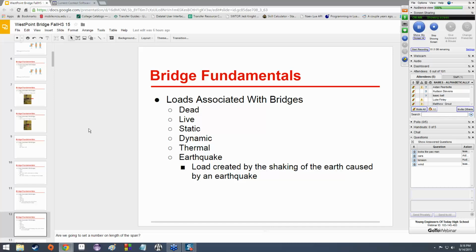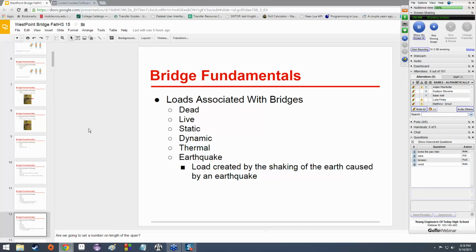Because we'll actually look at this a little bit later, bridges, like all materials, have resonant frequencies, not harmonies, where the material can vibrate more and vibrate to an unsafe level.